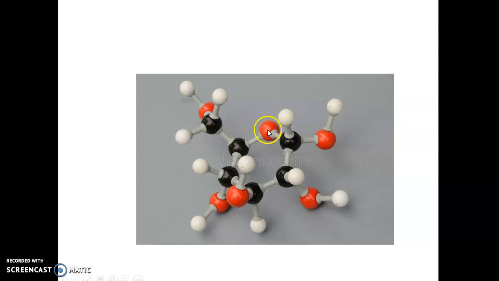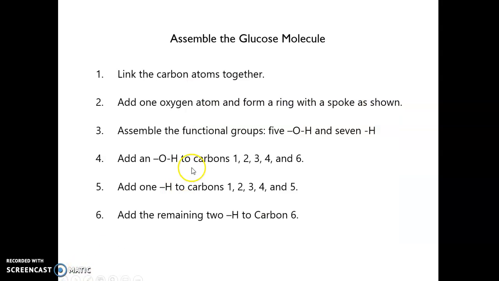So again, that's 1 oxygen atom to bring the ring together, and it's attached to carbon 1, carbon 2, carbon 3, carbon 4, carbon 5, but not attached to carbon 6, which is going to stick out as a spoke. So you've done the first 2 steps here of assembling the glucose molecule.